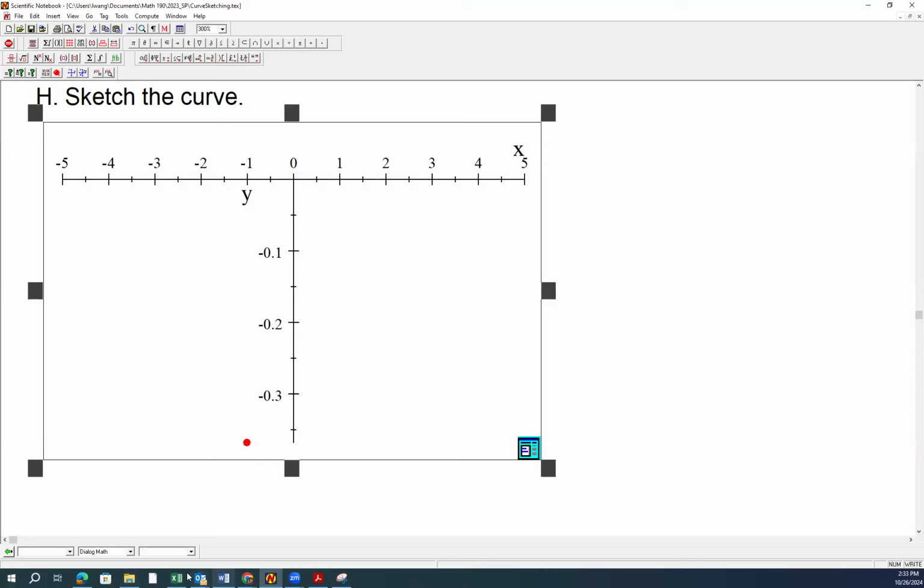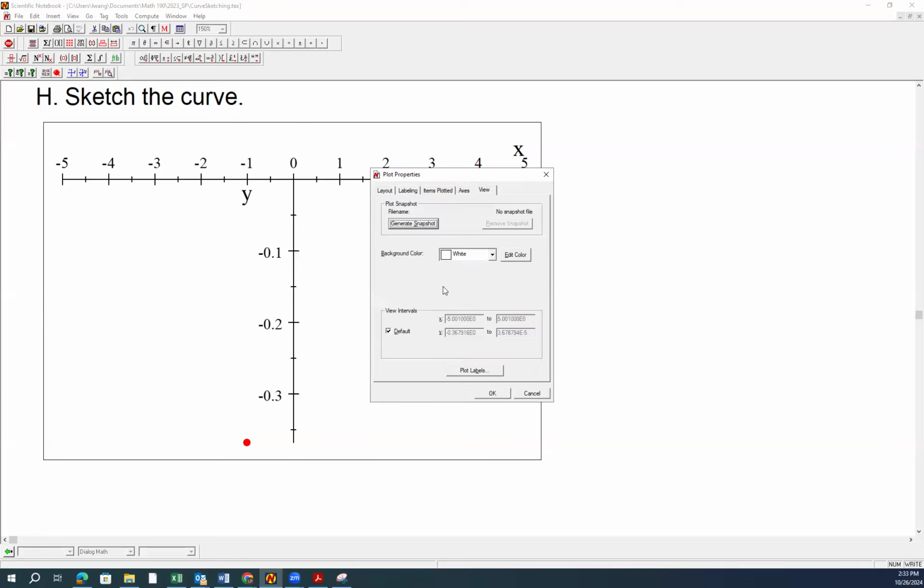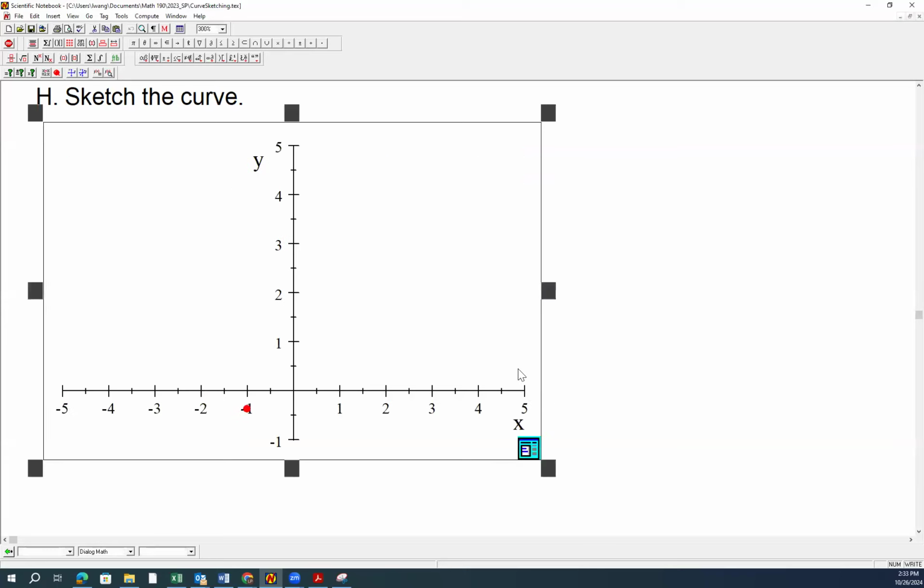Okay, I'm going to make some adjustments to the view. We may need more adjustment later, but for now, this is the picture we got. We get one dot.